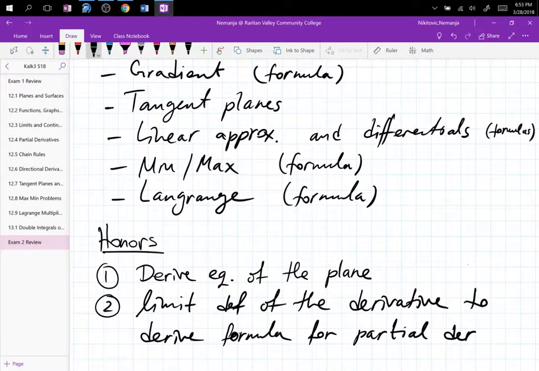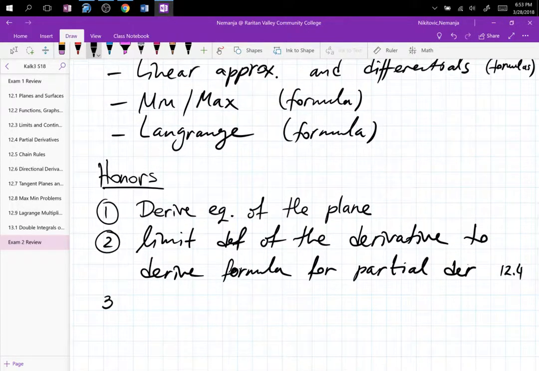This is in section 12.4. Also the directional derivative derivation.